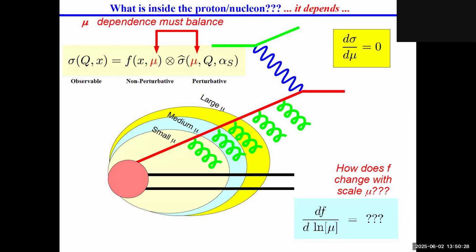But it's not quite so simple because I have to say where I draw the line. I draw the line here, here, here, and if I draw the line in different places, I'm calculating different things. And so that line is going to be my mu. That's my renormalization scale, and it's an energy scale. Basically it says things that are higher energy than this mu, I put those in hard scattering, and things that are lower energy than mu, I put into this non-perturbative thing.